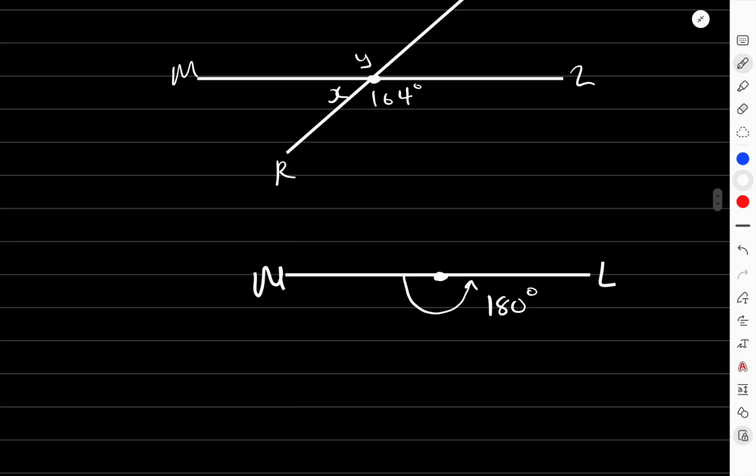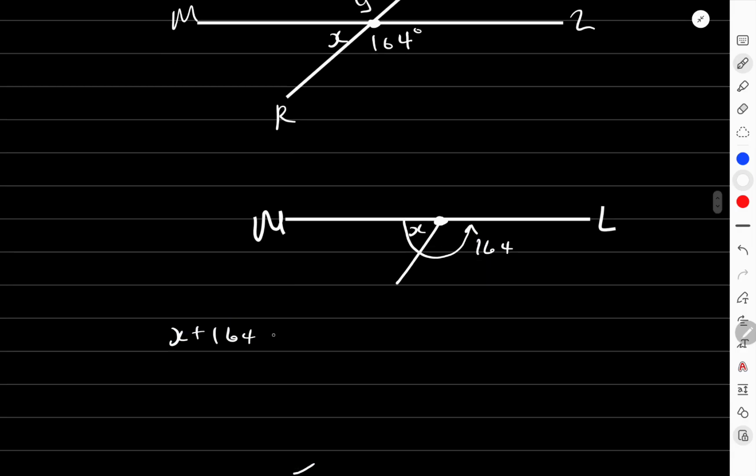When we look at ML, we have x here and 164 degrees here. It means the value of x plus 164 combined should give us 180 degrees, because these two angles are within a straight line. Therefore, x plus 164 degrees equals 180 degrees.